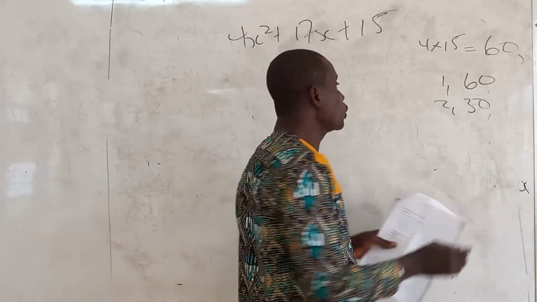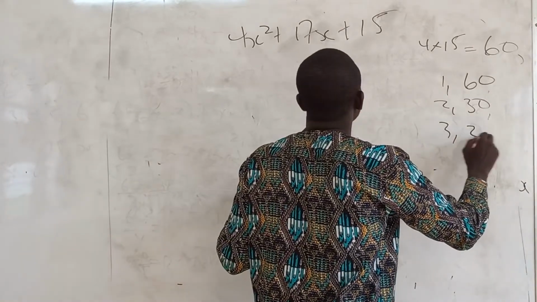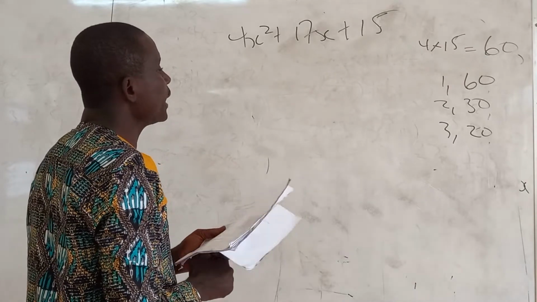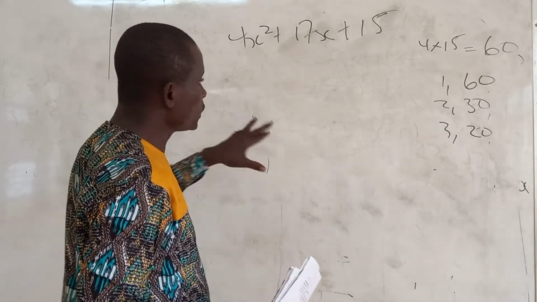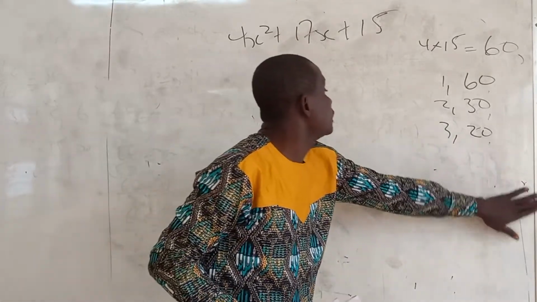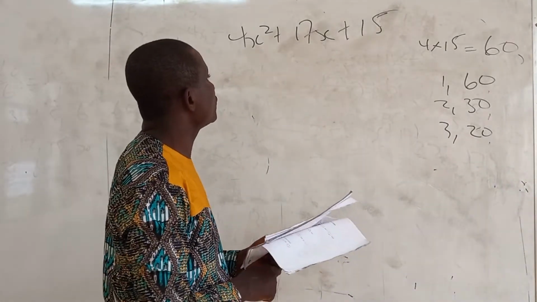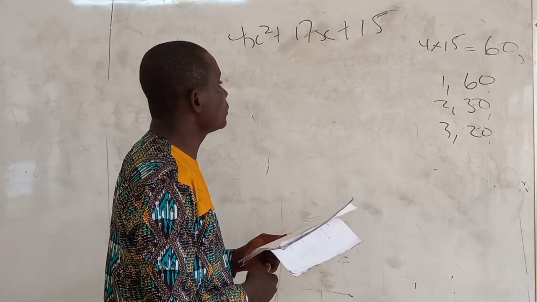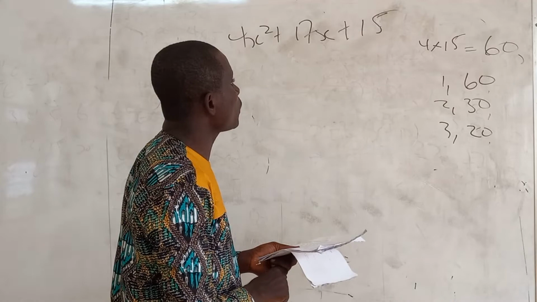When we subtract, we get 28, no 28 here. 3 and what? 20. I think this 3 and 20 can help us. When you add this to this, you get 23. But when you subtract, you get what? You get 17, right? So the common factor here is what?